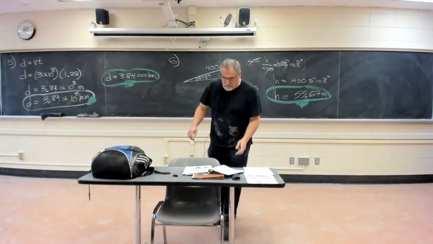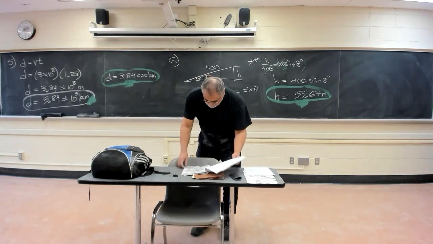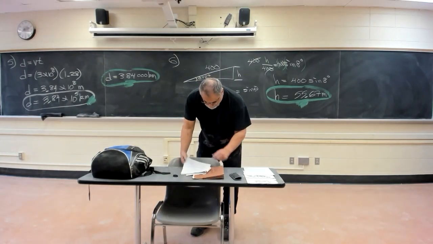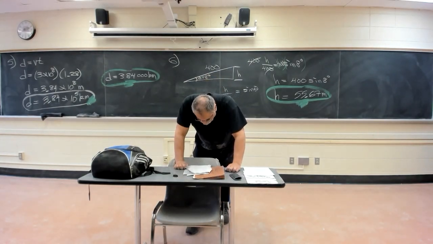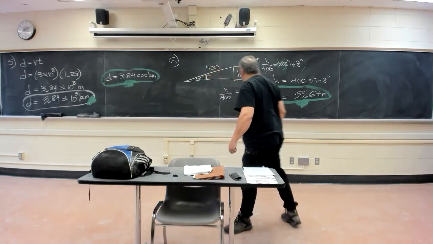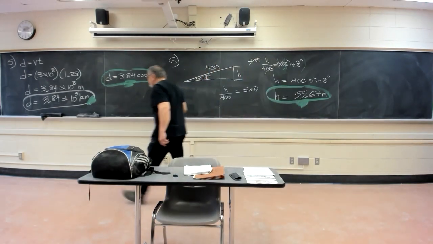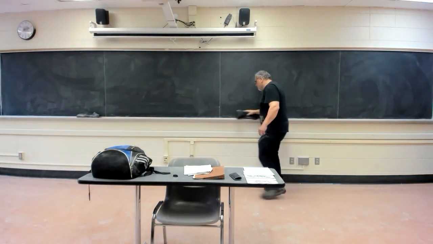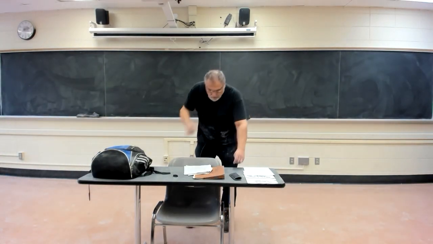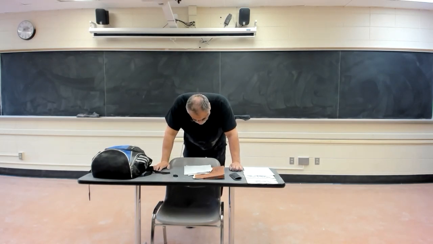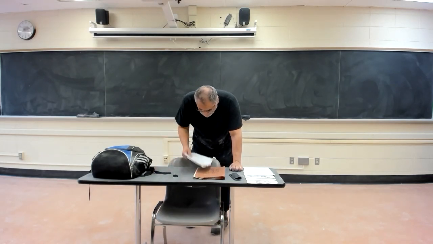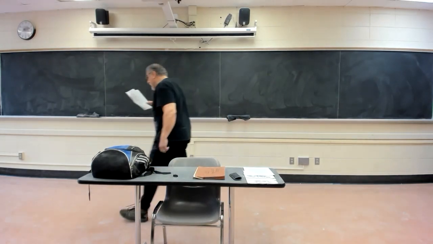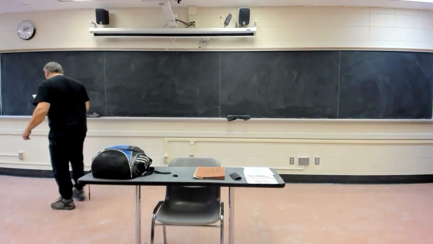Okay. Let's go to 7. Let me erase this and actually put it up there. For number 7, a cheetah can maintain its maximum speed of 96 kilometers per hour for 26 seconds.